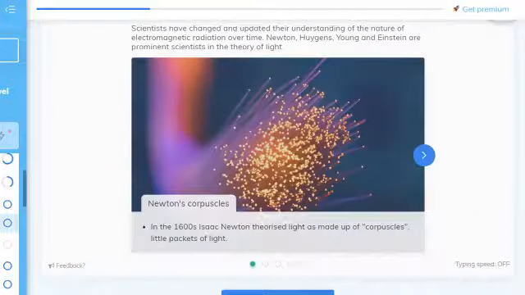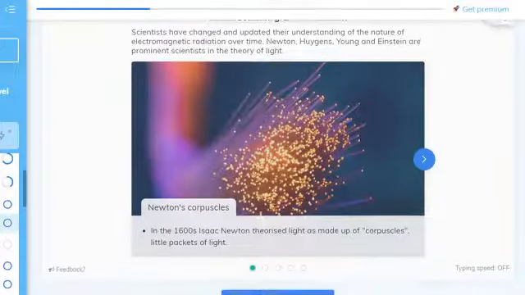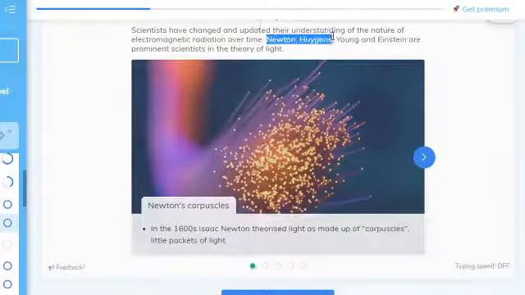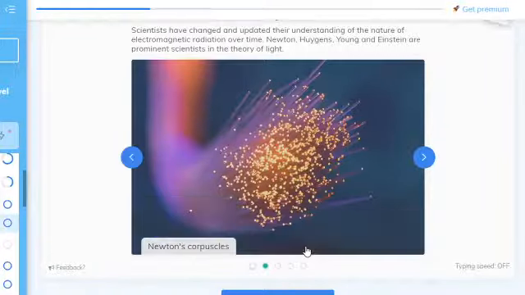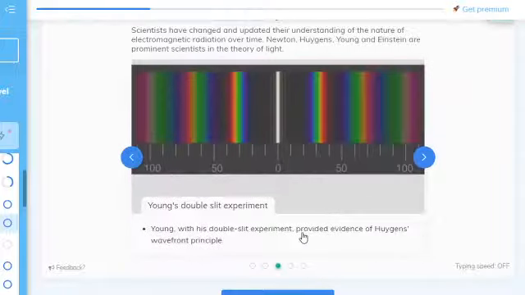So, scientists have changed and updated their understanding of the nature of electromagnetic radiation over time. Newton, Huygens, Young and Einstein are prominent scientists in the theory of light. Newton's corpuscles: in the 1600s, Newton theorized that light is made out of corpuscles, which are little packets of light. Huygens stated that they're waves.